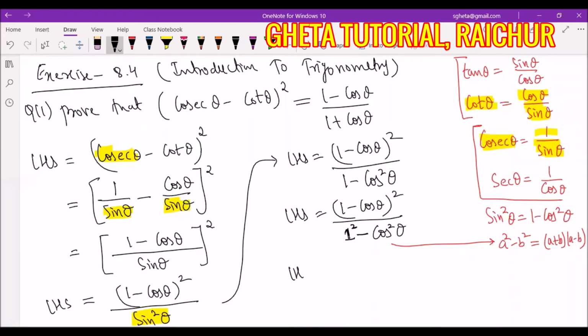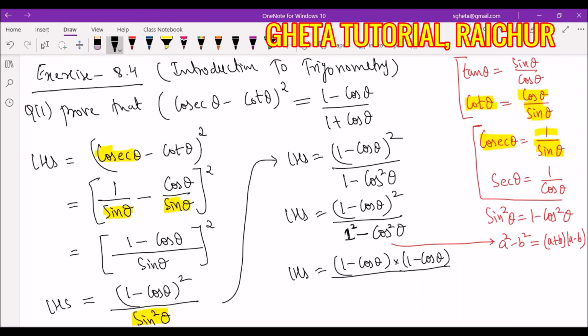So I can write here LHS is equal to 1 minus cos theta whole square, keep as it is, no changes in that term, divided by, in the numerator we have 1 minus cos theta whole square, so I write 1 minus cos theta 2 times, so it will be easy for cancellation. Now the denominator, 1 square minus cos square theta, is a square minus b square, which is a plus b into a minus b.